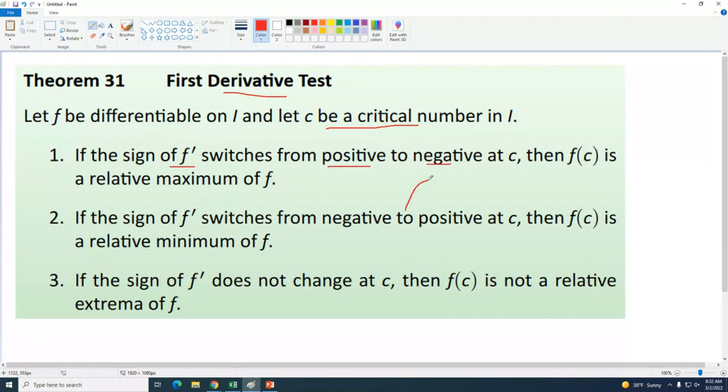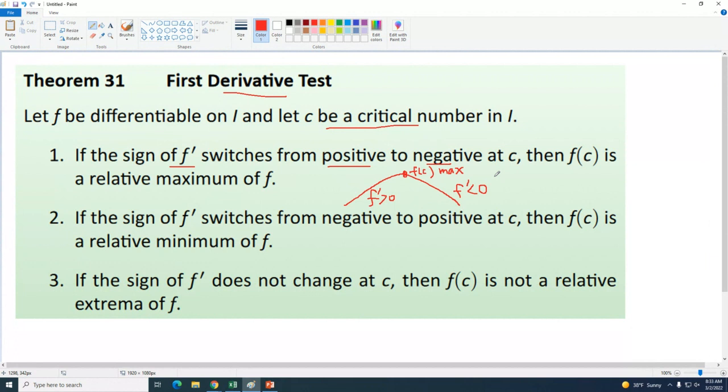Derivative positive means increasing, negative means decreasing. So in the middle, at C, f of C must be a local maximum. This is rule number 1 for the first derivative test.